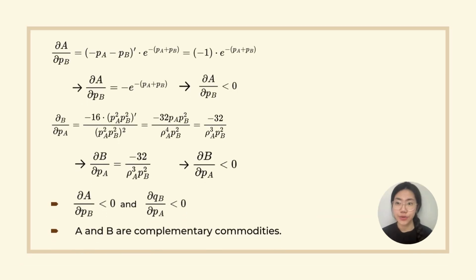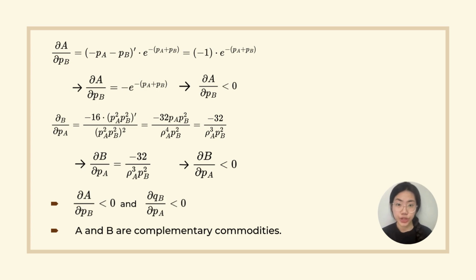So first, let's take the derivative of these two demand functions to measure how the quantity of one good changes when the price of the other good changes. As the result illustrated in the slide, both the derivatives are negative, which means that they are complementary commodities.